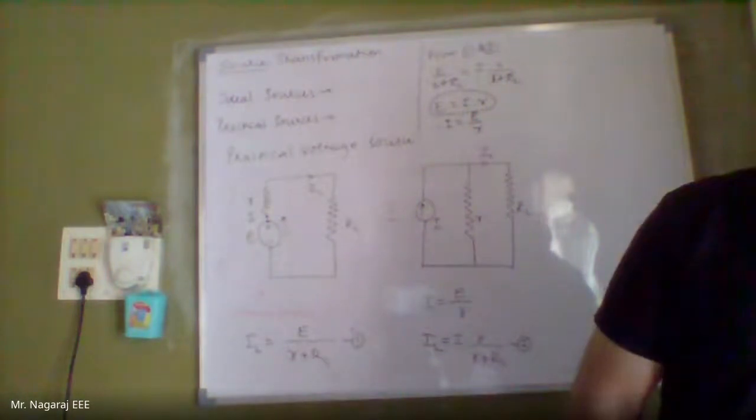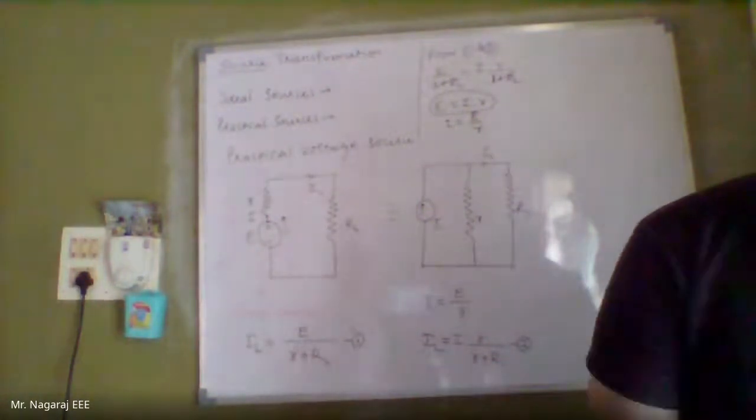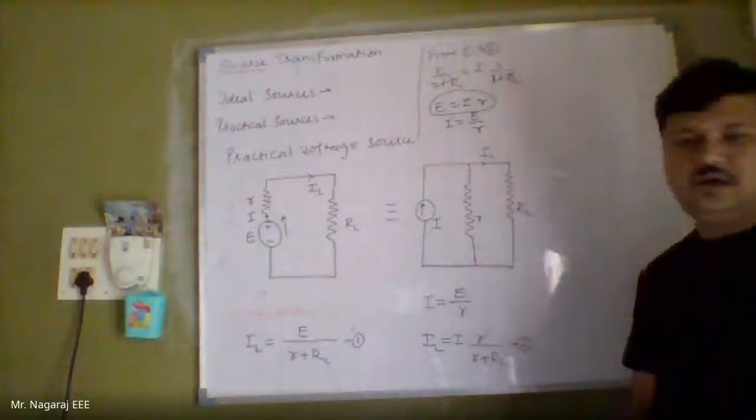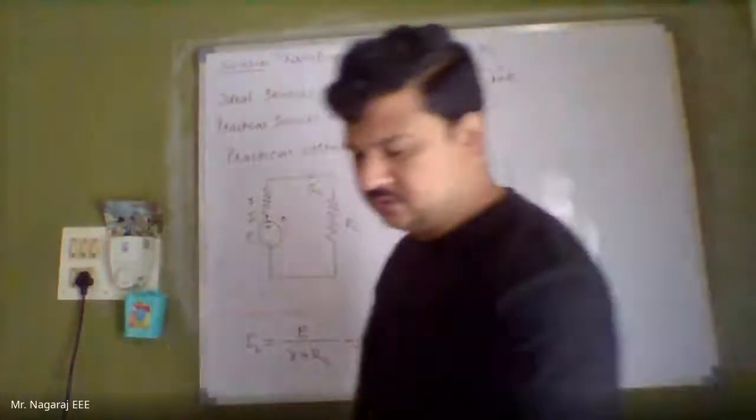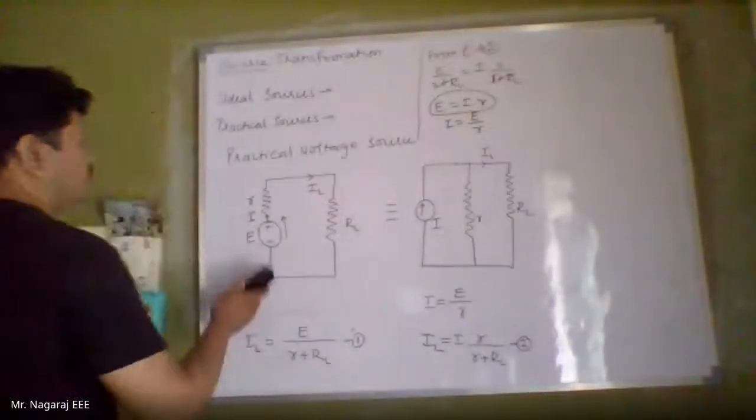Now what happens if the sources come in series or in parallel, and what are their equivalent values? That we need to look into now.